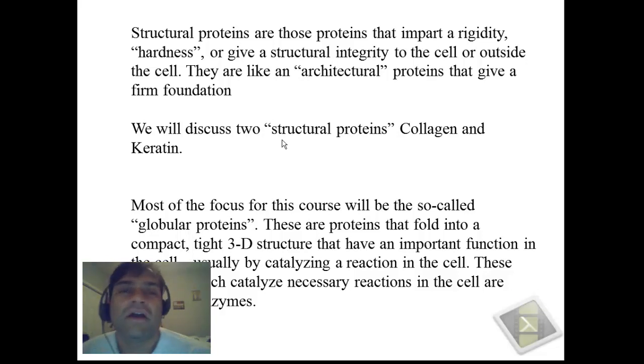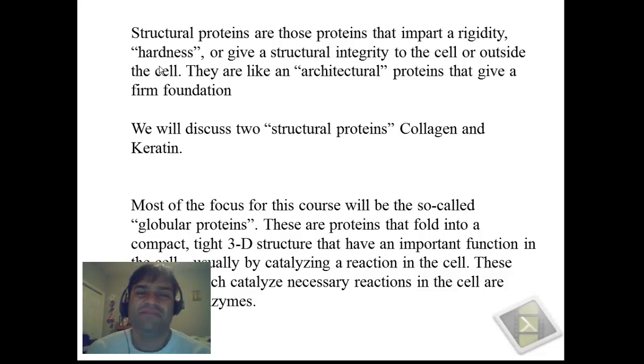Now, what do I mean by architecture? I basically mean the ability to maintain cellular integrity, cellular skeletal nature, a rigidness, a hardness to the cell, which in turn implies a rigidness to your extracellular matrix, to all the things that are important for maintaining the ability of a tissue or an organ to be still.